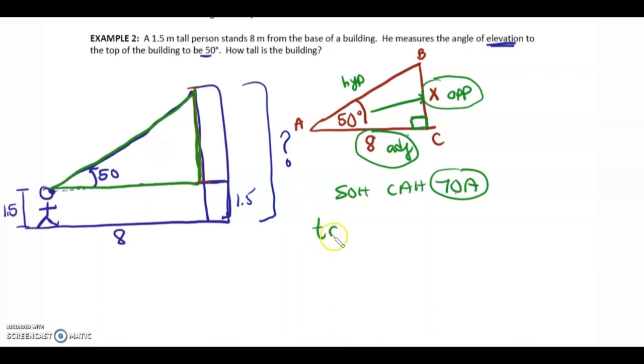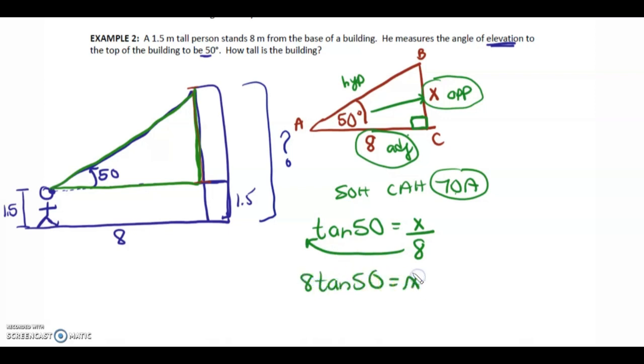So we can write tan of 50 equals opposite, which is X, over adjacent, which is 8. Bring that 8 up with the cross multiplication, and we get 8 tan 50 equals X. And then if you throw that into your calculator, we get X equals 9.5.